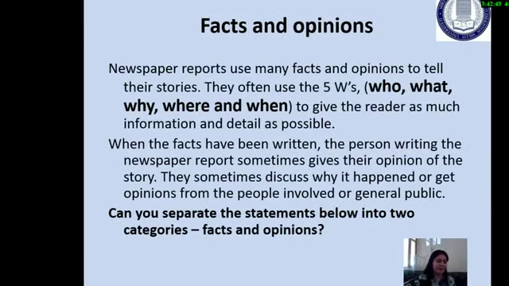Facts and opinions. Newspaper reports use many facts and opinions to tell their stories. They often use the 5 WH questions: who, what, why, where, and when, to give the reader as much information and detail as possible.